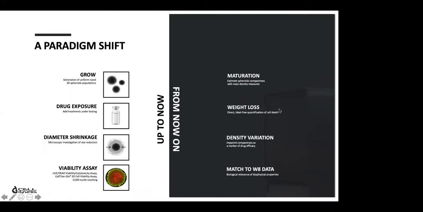So, for example, we have already demonstrated that we can correlate the weight loss to the cell death within the spheroid, and also the diameter shrinkage and the mass density variation can be properly matched to the existing readouts coming from in vitro viability assays. So we are adding more information to what we already know, and we are doing that on a physical basis.